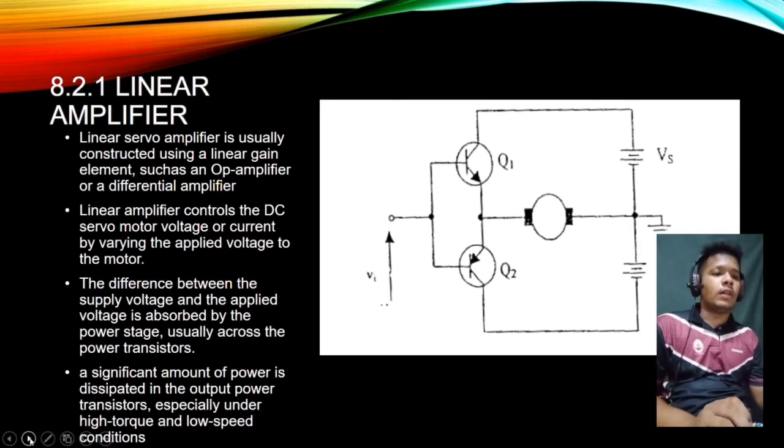The difference between the supply voltage and the applied voltage is absorbed by the power stage, usually across the power transistor. A significant amount of power is dissipated in the output power transistor, especially under high torque and low speed conditions.